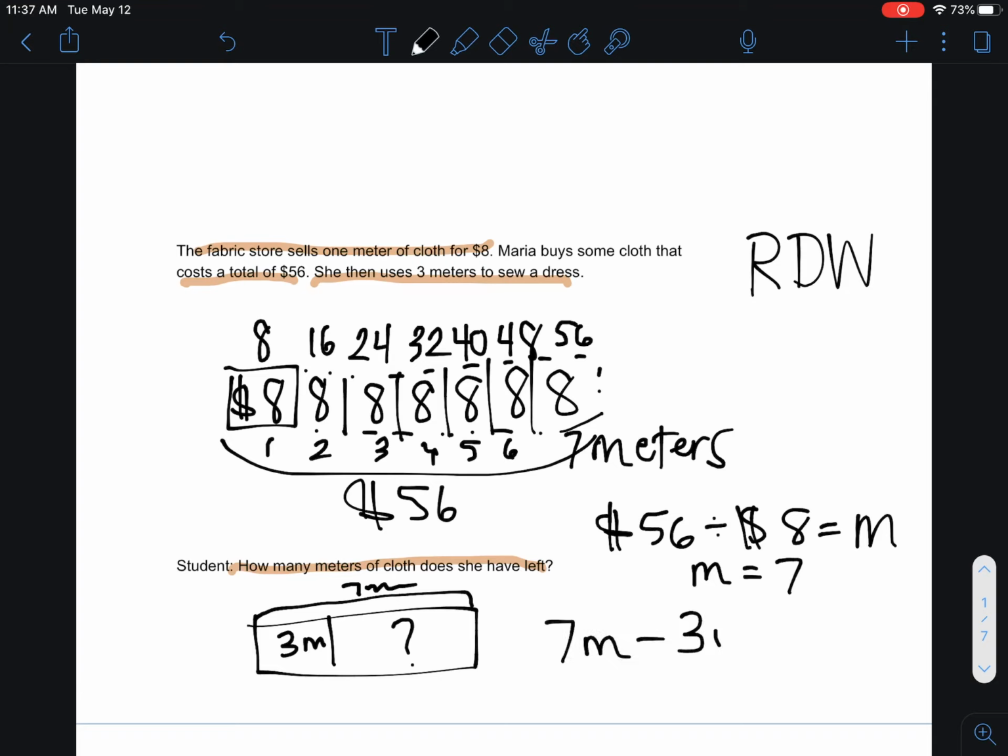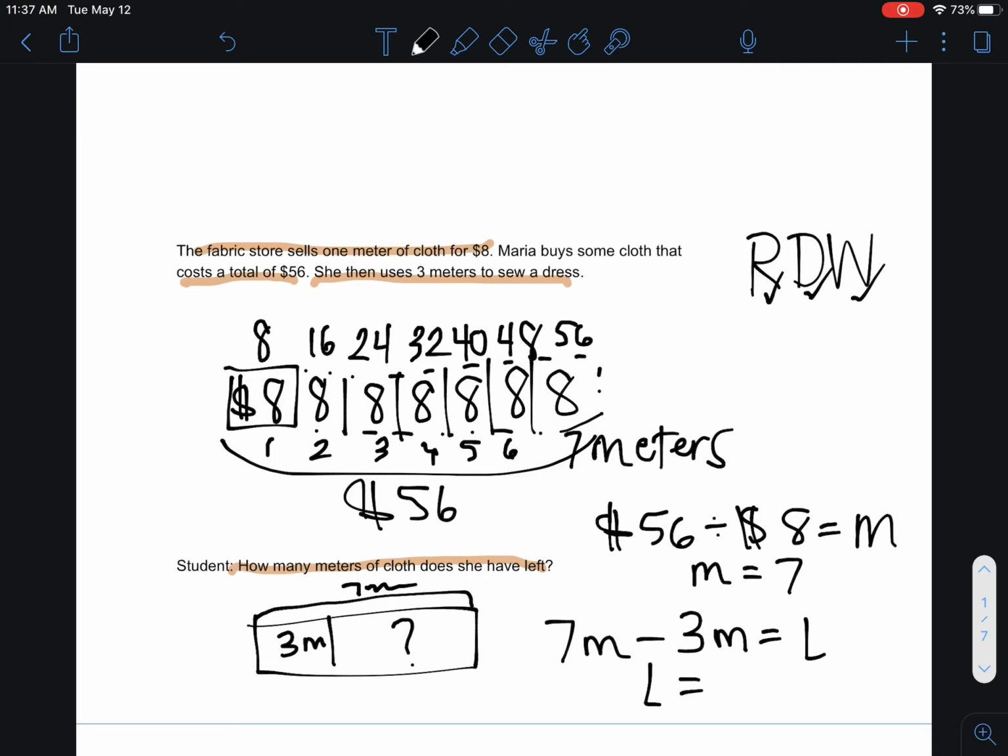So I know that there's a total of 7 meters minus 3 meters that she uses equals, and I'm going to use the letter L for how much she has left. So go ahead and solve for L, and that is going to be the answer you're going to put down below.